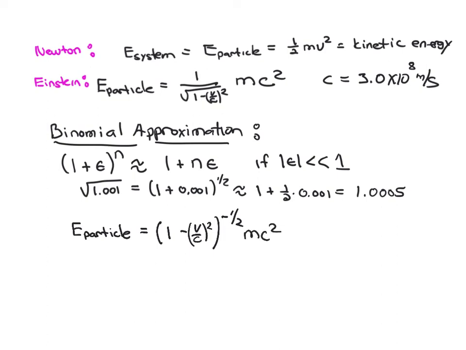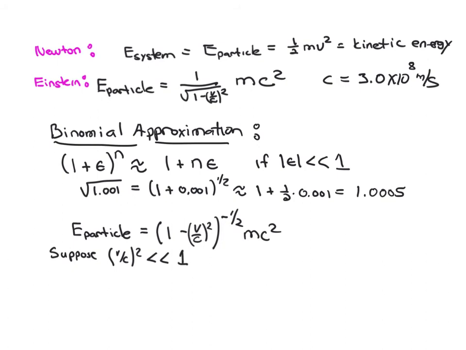And I'm going to consider cases. Suppose the quantity (v over c) squared is small in value compared to the number 1.